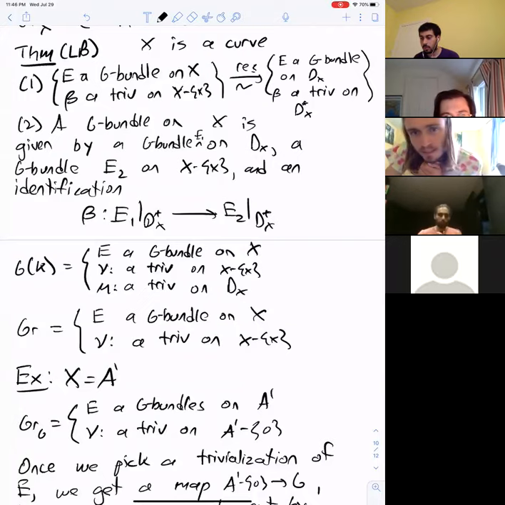But they all are isomorphic locally. Well, keep in mind that they're all trivialized on X minus a point too. So the data is not just a G bundle, it's a G bundle plus a trivialization away from a point. And then we're restricting it to a G bundle on the formal disk plus a trivialization on the punctured formal disk.